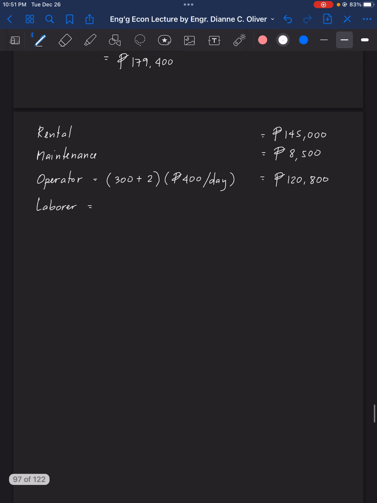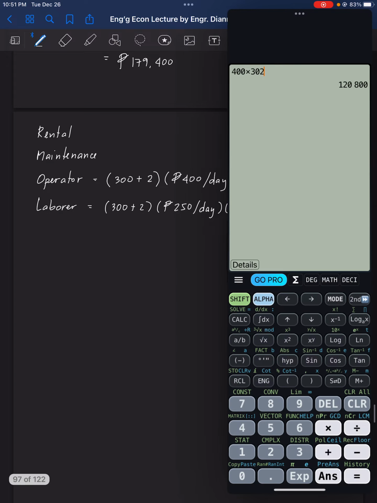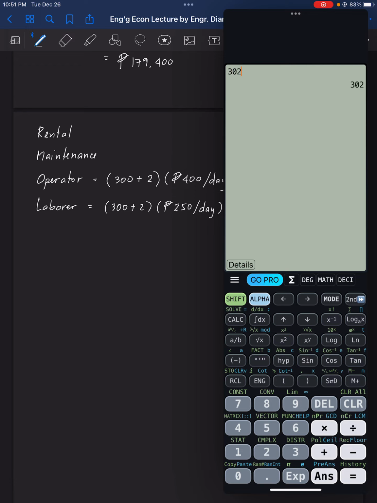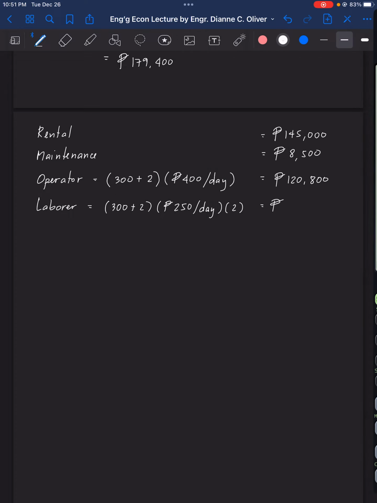So the laborer here is 300 plus 2 days, and the rate here is 250 pesos per day, and there are 2 of them, 2 men. So 302 times 250 times 2. So that is 151,000 pesos.